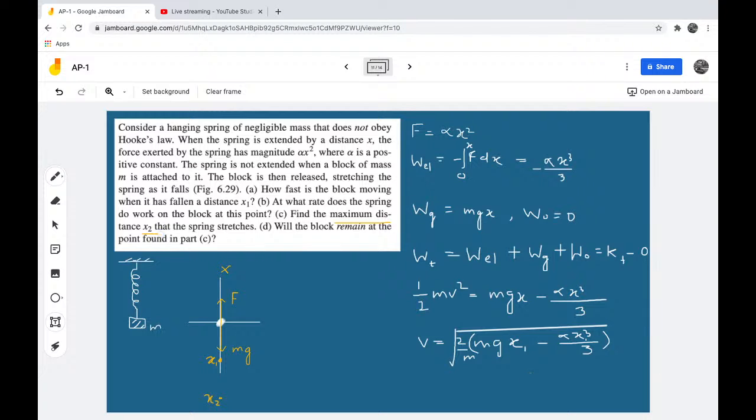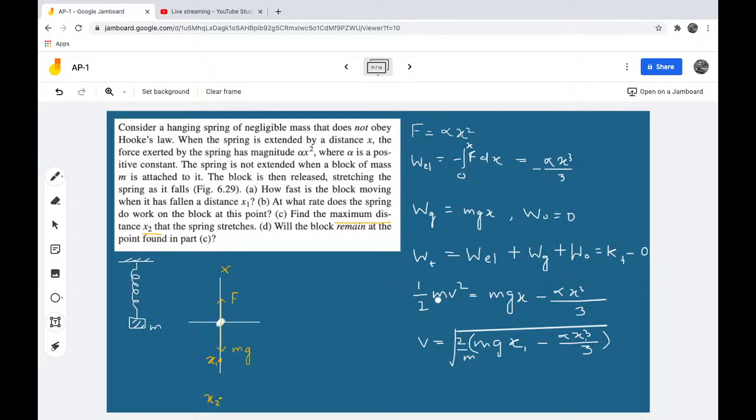Find the maximum distance x2 that the spring stretches. So what happens at maximum distance? Think about it. If you observe, when it goes to the maximum distance, the spring stretches fully. And if that happens, the block will come to rest. The kinetic energy will become zero. Once the kinetic energy becomes zero, that means your initial is zero and final is zero when the system is fully stretched.